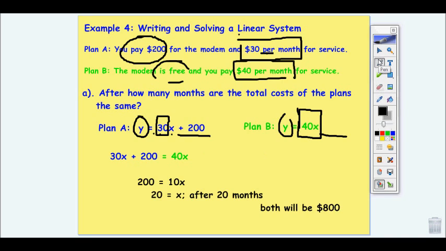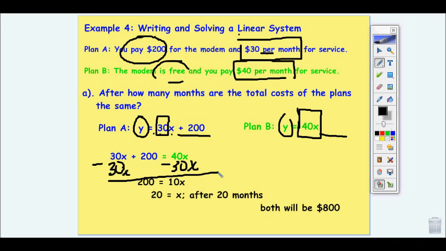Now, to solve this equation, I'm going to get my like terms together. So I'm going to subtract 30x from both sides. This time the constant terms are going to be on the left side and the variables on the right.